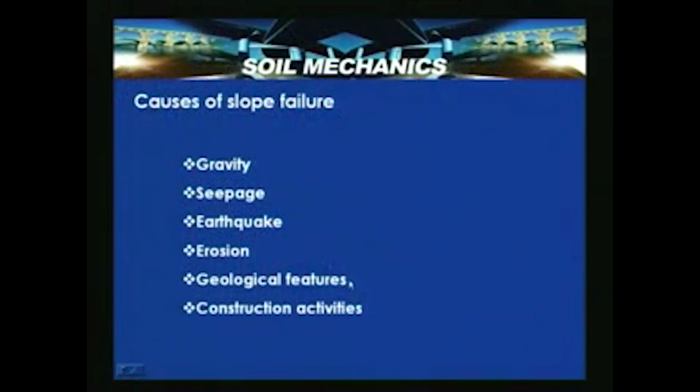So, the causes of slope failure can be summarized as gravity driven, seepage driven, earthquake, erosion, geological features, the way the stratifications and dipping are there, the way the layers have been found, which govern the slope failure, and construction activities. We look into one by one how these can create a slope failure.